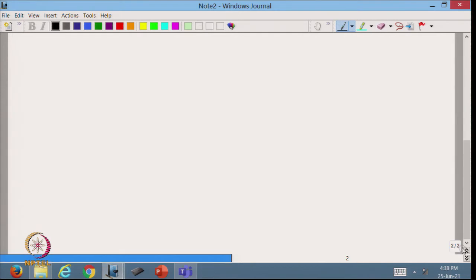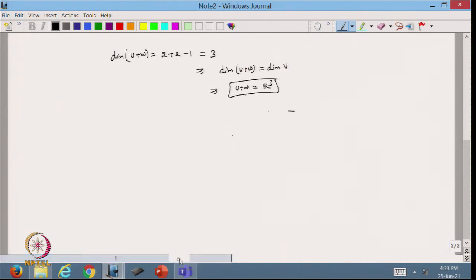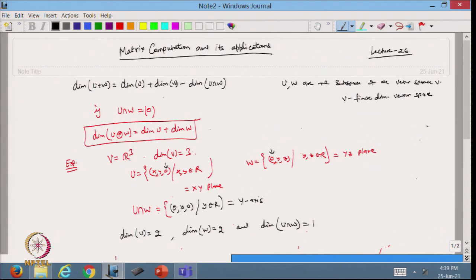So now I can write directly that the dimension of U plus W will be 2 plus 2 minus 1, that will be 3. Since the dimension of U plus W is equal to the dimension of V, it implies that U plus W is itself R cube. That is also true here, because I am taking all the elements from the xy plane and from the yz plane.